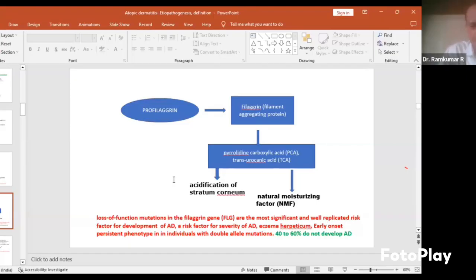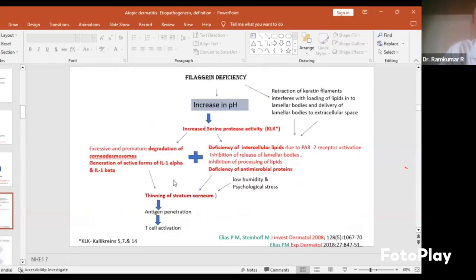But the filaggrin mutation is not seen in around 40% of patients who have atopic dermatitis, even in the most highly prevalent areas like Northern Europe.